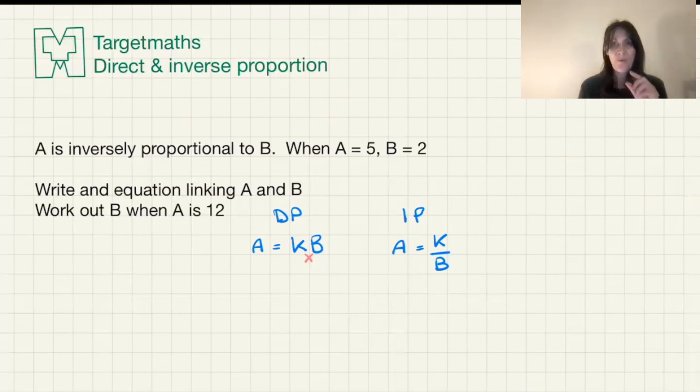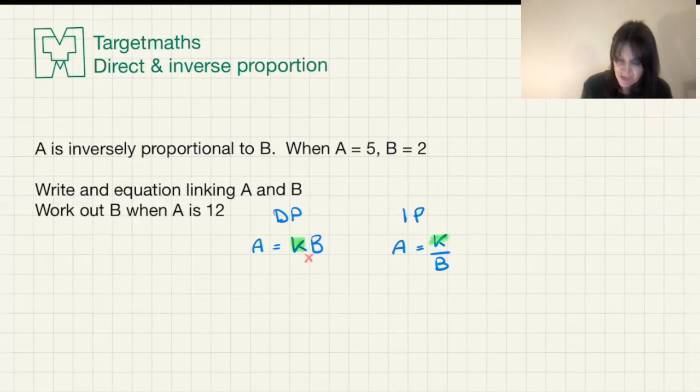So one thing that I do see people get wrong every now and again is they get their K and B the wrong way round, or K and X, or whatever you're working with, and they put K as the denominator. It's going to go wrong if you do that. So this is, for me, the best way to remember what order it is. Direct proportion, you write the K first, and then you write the variable.